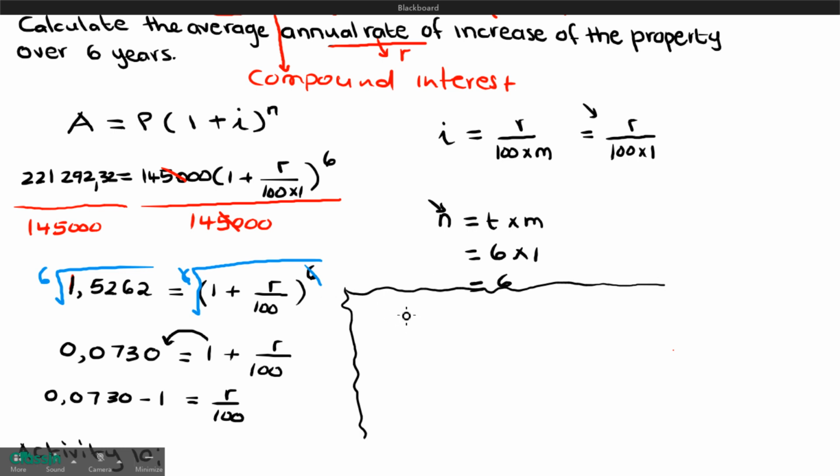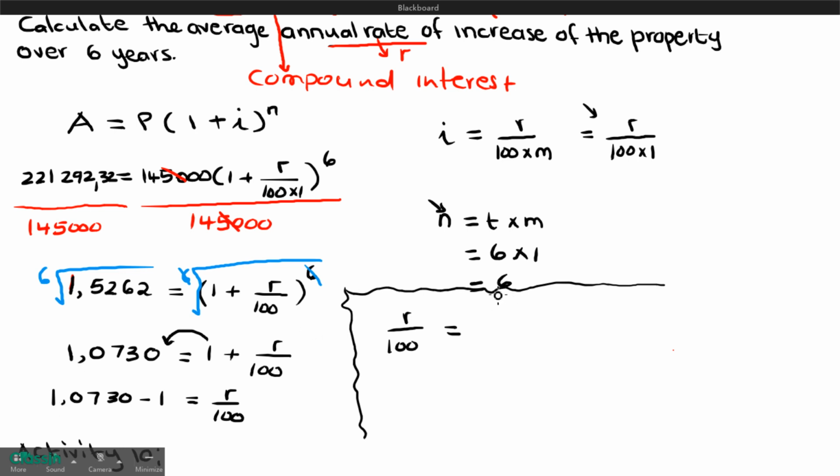Then R over 100 is equals to, sorry, I said 0 instead of 1. Bear with me. It's not a 0 here. It's 1. When you press a calculator, you'll find the correct value of 1. It's 1 here and 1 there.